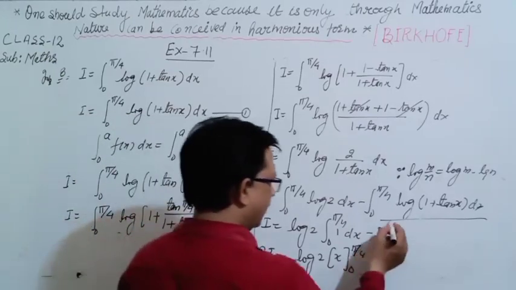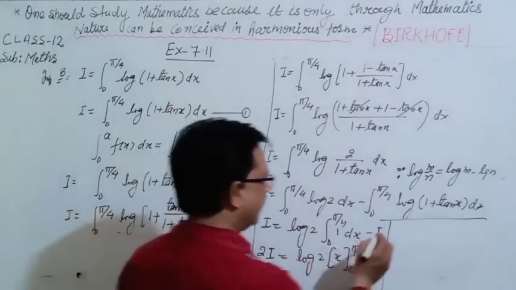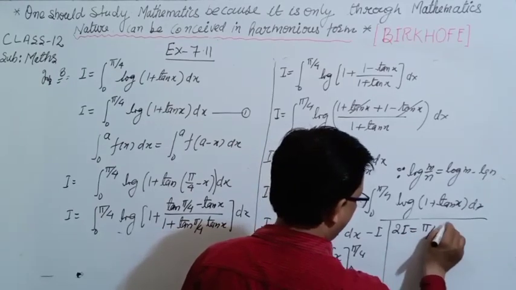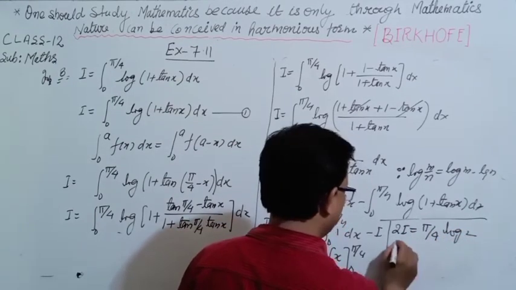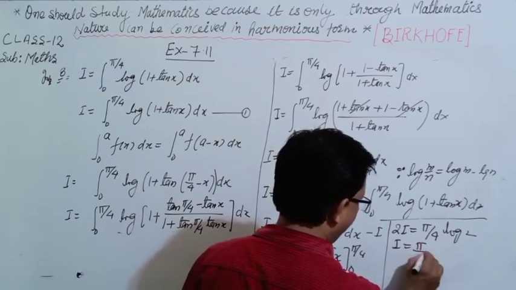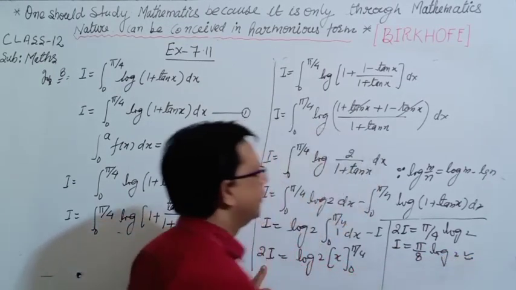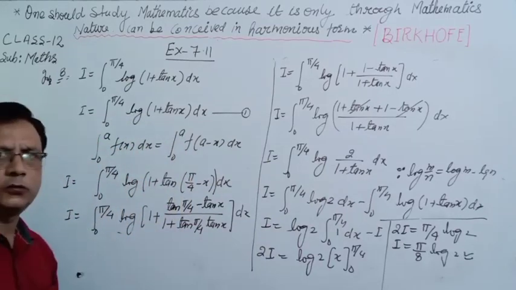Now student, by applying the limit we get 2I is equal to pi by 4 log 2. So I is equal to pi by 8 log 2. This is your final answer. So note this question, students.